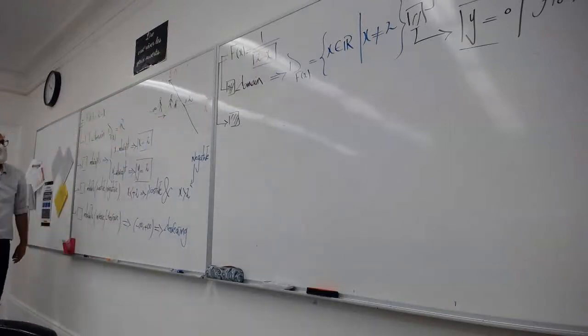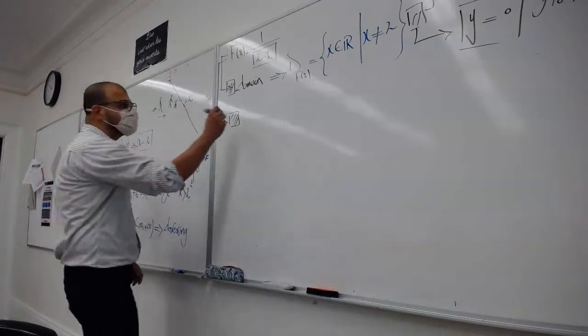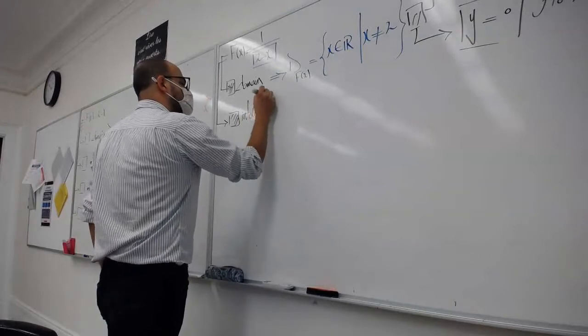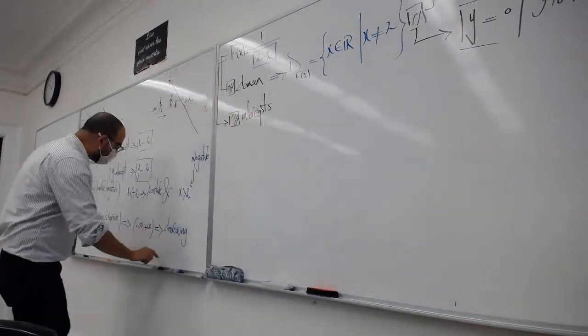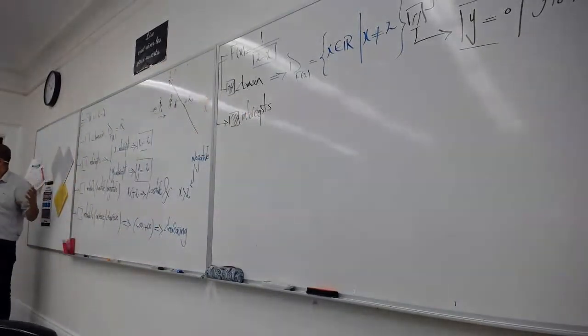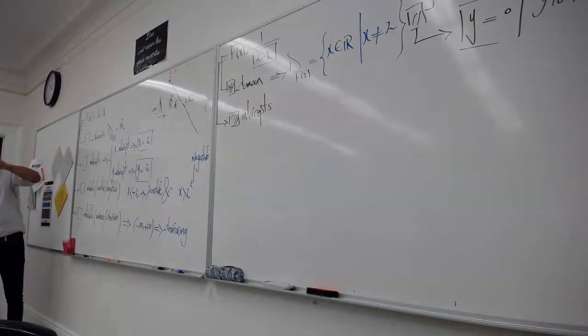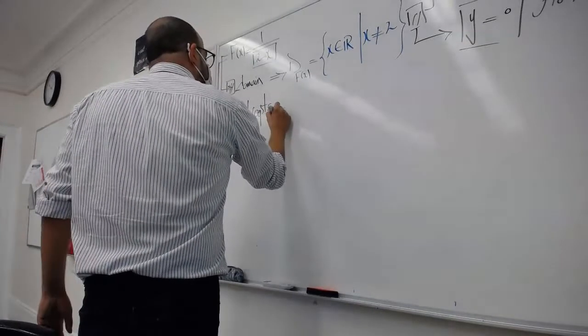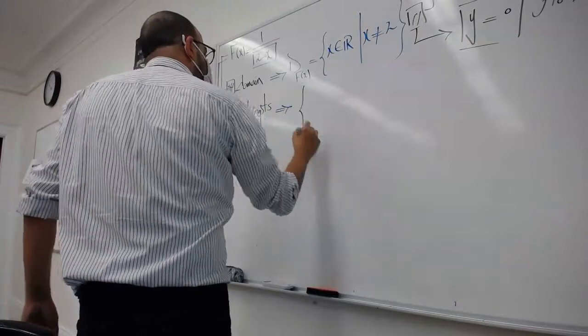Now, the next step, I'm going to find the intercepts. Look at this. I haven't done anything yet. Find the domain, find the intercept. I'm going to do the same thing. What are going to be the intercepts? I have two intercepts.